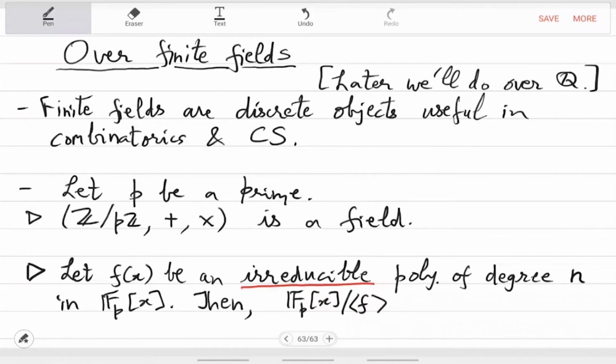So F_p[x] mod f, this is a field because every element here is invertible, again by Bezout identity, because f is irreducible, so it behaves the same as you saw in the proof of the above statement. f is kind of a prime, so for any polynomial a, the GCD with f will be 1, or a itself is 0 in this arithmetic.